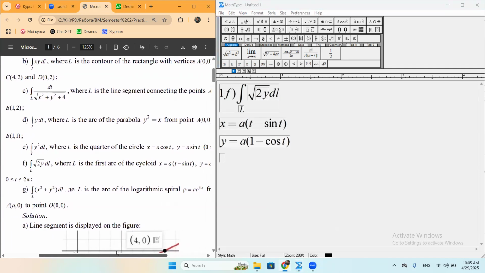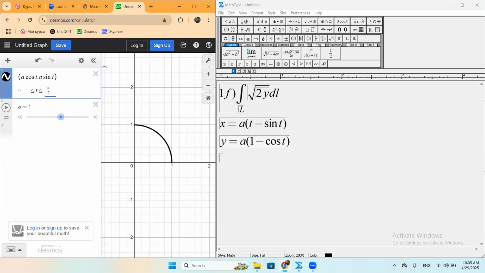By the way, t changes from 0 to 2p, but let's plot this curve. a multiplied by t minus sine of t, and a multiplied by 1 minus cosine of t.